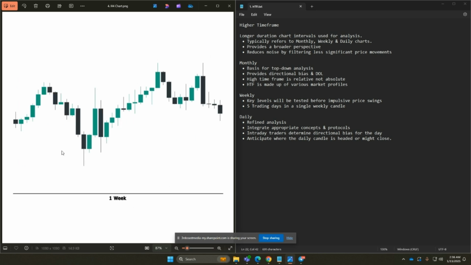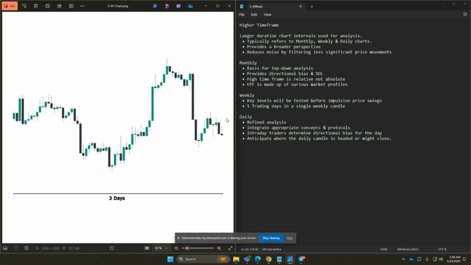If we look at this, this is 1 week. Each of these might be an hour or so, a couple hours maybe. This is 3 days, and we have a bunch of candles.